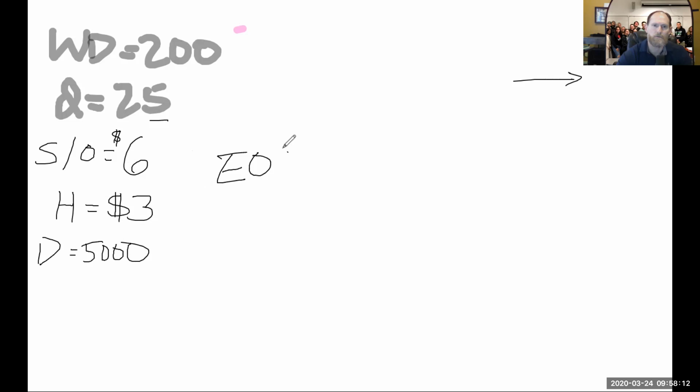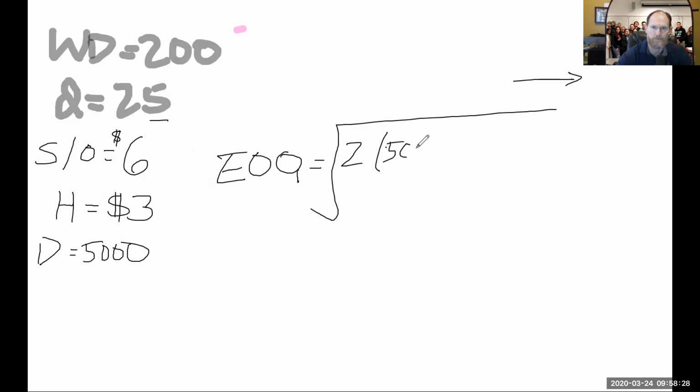And so to balance out costs, we're going to go to 2, put that 2 in there. We want to put D in there, so we could either put 25 times 200, I'm just going to put that 5,000. And we put that setup cost up there in the numerator.